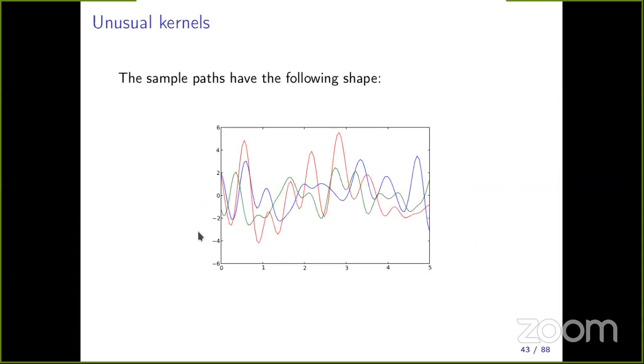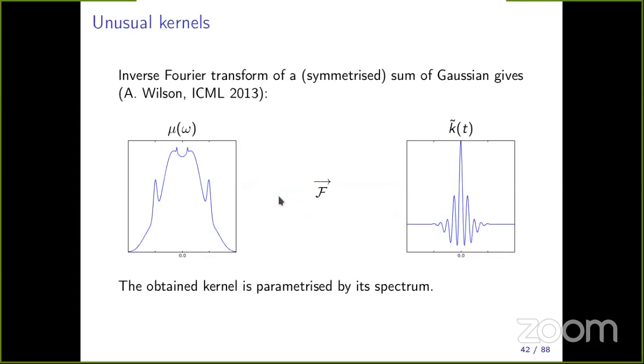And if we look at some sample paths from the previous covariance, this is how they look. They are not exactly periodic, but they are wavy. They are wiggly. And if we look at the covariance, I don't have the y-axis, but this is the value 0.